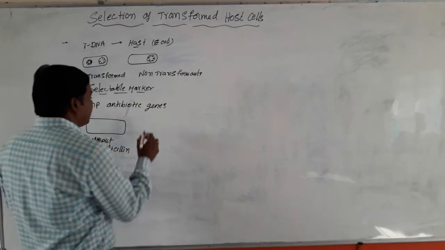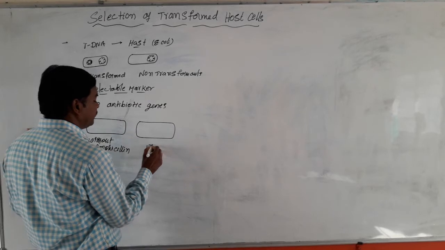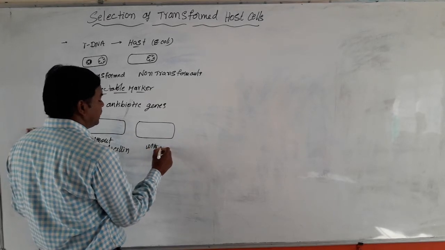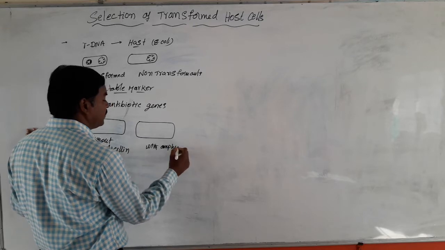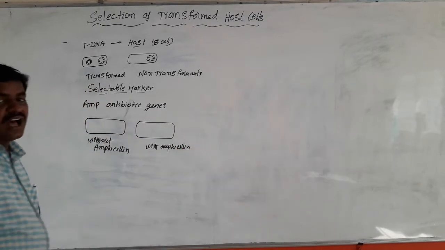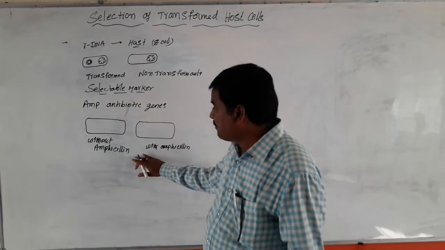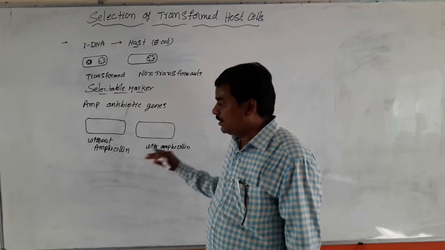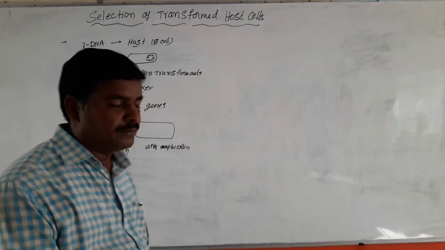At the same time, another medium is also prepared, with antibiotic, ampicillin. In this way, two media are prepared. One is without ampicillin, and the other one is with ampicillin antibiotic.